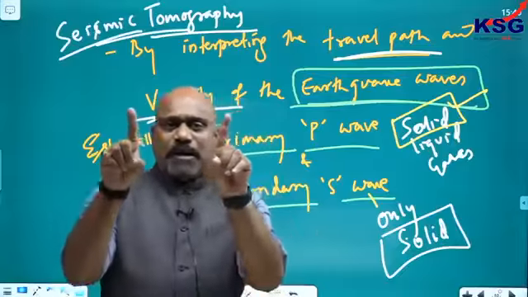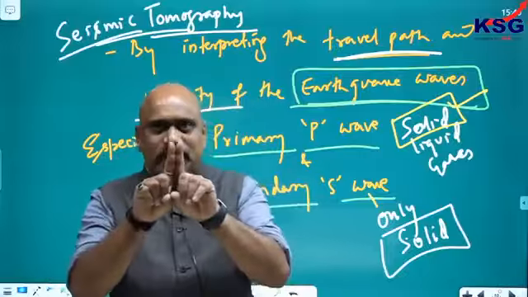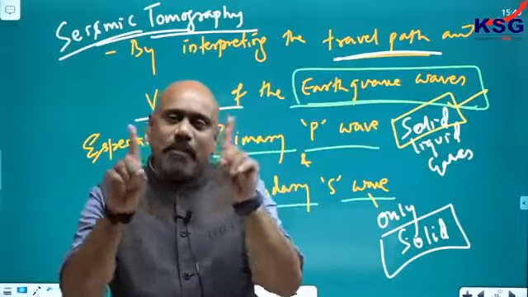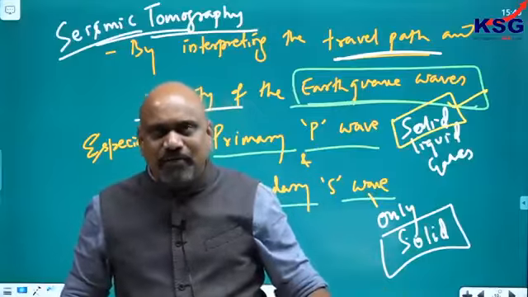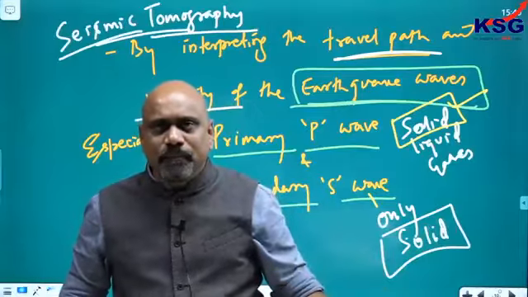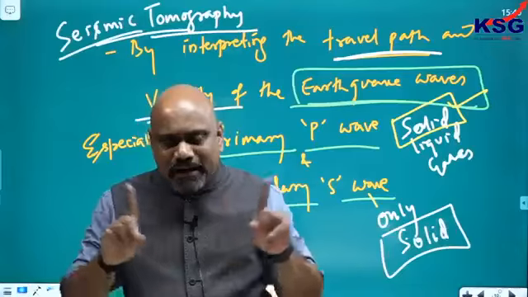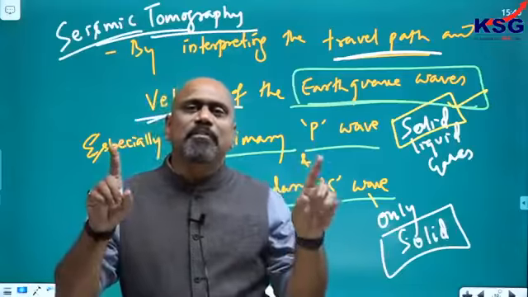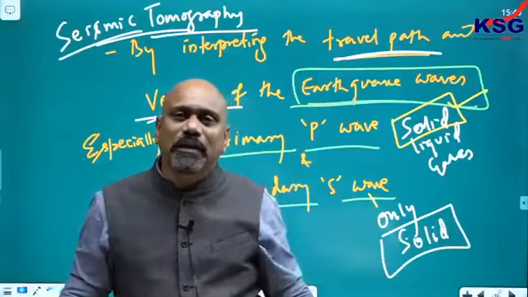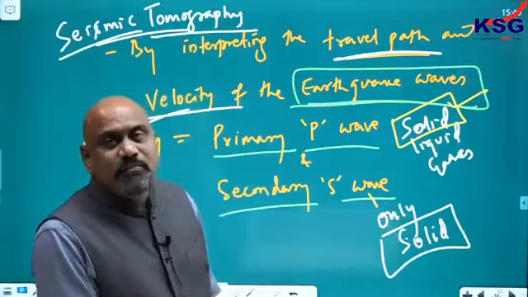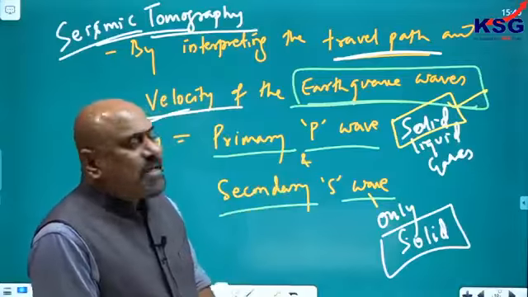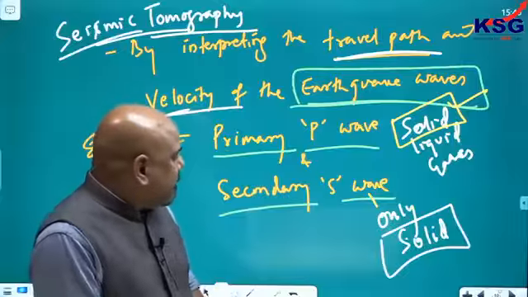Whenever particles are very closely spaced, the primary wave can travel very quickly. If the particles are widely spaced, the primary wave cannot travel quickly. So in solid matter the P wave can move very quickly.